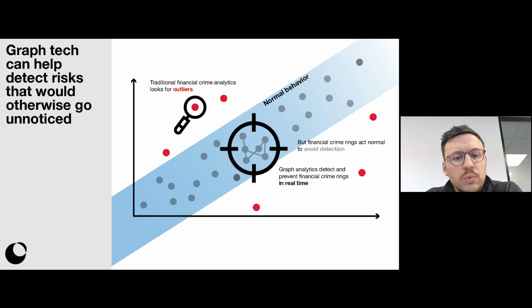So, for example, to detect an evolving or forming smurfing pattern, or network, by using a wide range of potential connections.